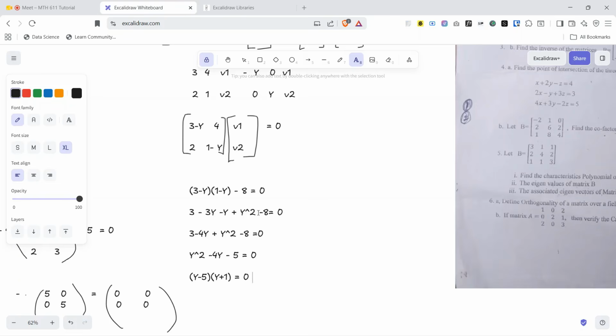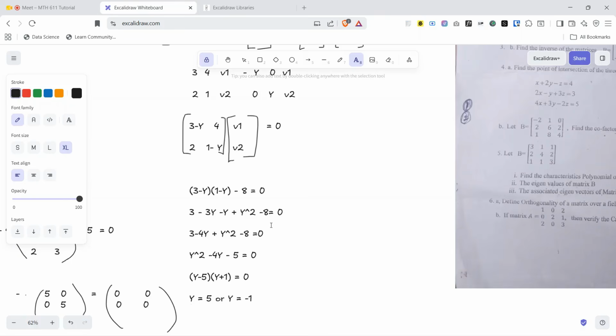I'm guessing every one of us knows how we got here, like the quadratic equation. I'm very sorry for those that probably did not do maths and this is their first semester. Maybe you try to research it so that you know how we got this. So using this, lambda equals 5 or lambda equals minus 1.